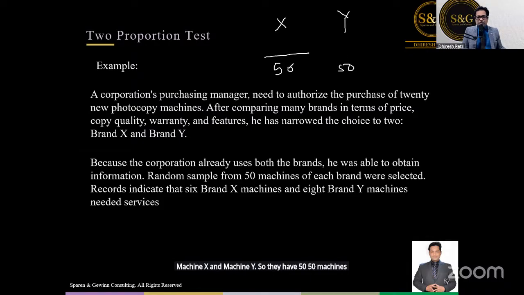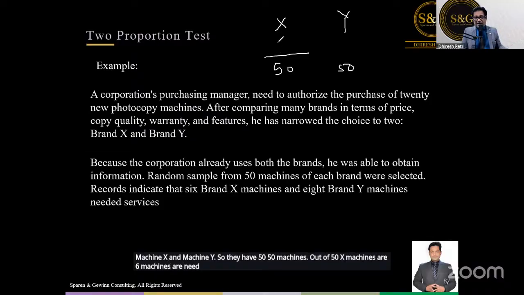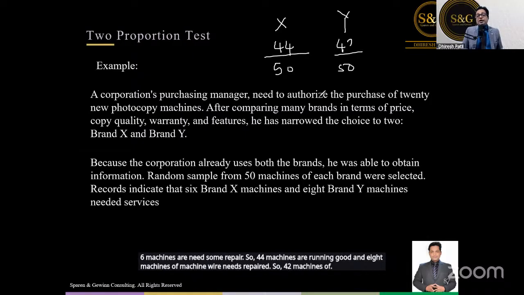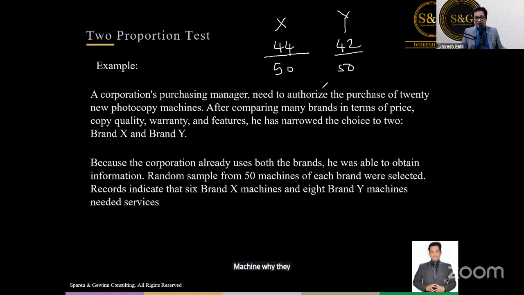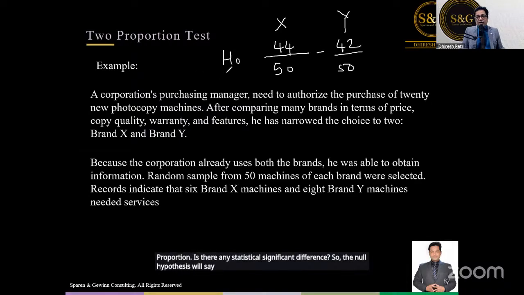Out of 50, 6 machines of X need some repair, so 44 machines are running good, and 8 machines of Y need repair, so 42 machines of Y are running good. Now they want to compare whether there is any statistically significant difference in this proportion. The null hypothesis says they are equal, the alternate hypothesis says they are not equal.